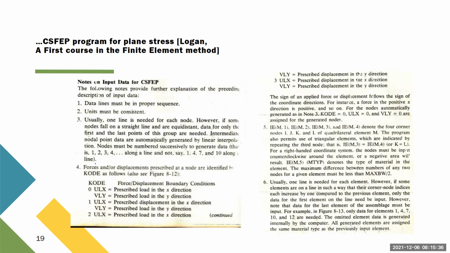Similarly, if you choose code 1, that means that you know the displacement in the X direction, and you know the load in the Y direction, okay? Code 2, the opposite.